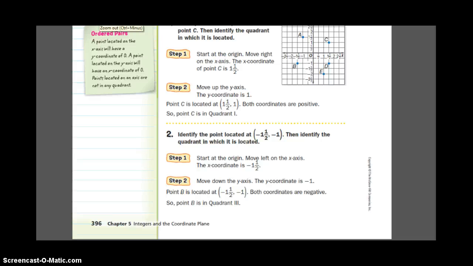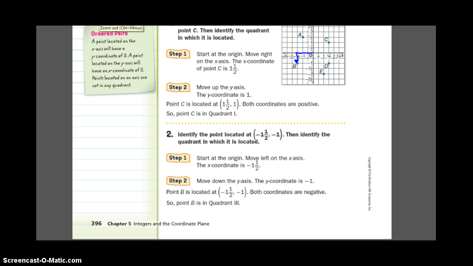So we're trying to locate the point that is at -1.5 on the x-axis. So let's go over from the origin 0, 0, left to -1.5. So we know it's either going to be A or B. Let's look where we're going now. We're going to -1, which means we're going down.